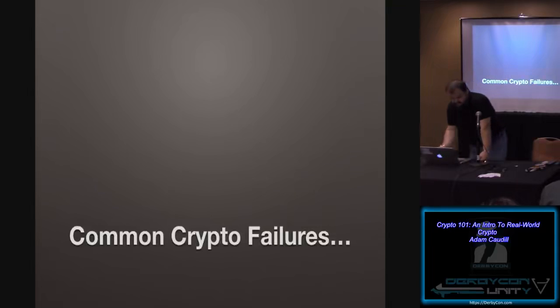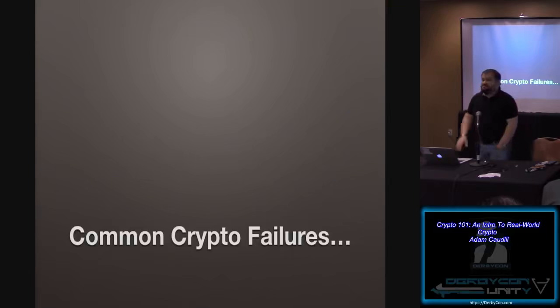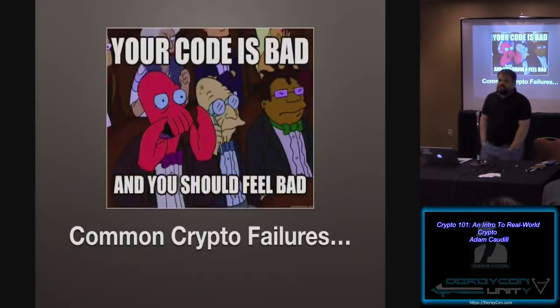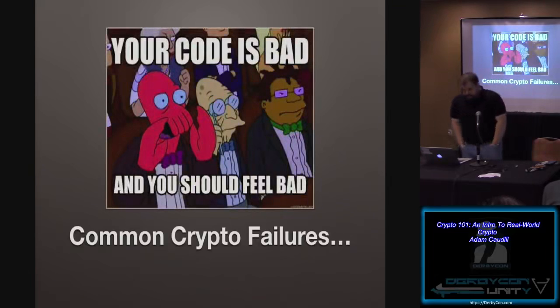Can anyone here guess the most common reason that a crypto system fails? People. Plain and simple. People making mistakes. Almost all of them are simple, avoidable mistakes that occurred because they didn't have a solid understanding of what they were doing.